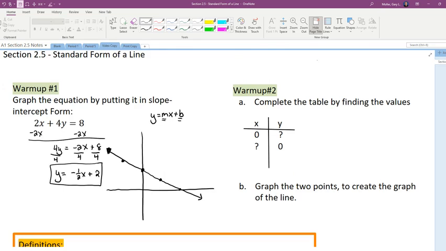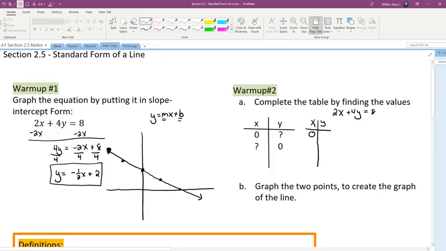On warm-up number 2, we want to use the same equation. So let me write it over here: 2x plus 4y equals 8. What I've asked you to do is to complete this very small, very specific table of values by plugging in 0 for x. I'm going to repeat this table here without the question marks.